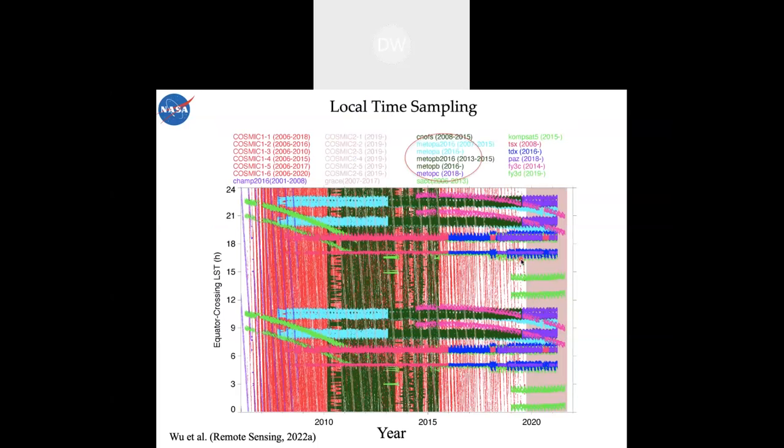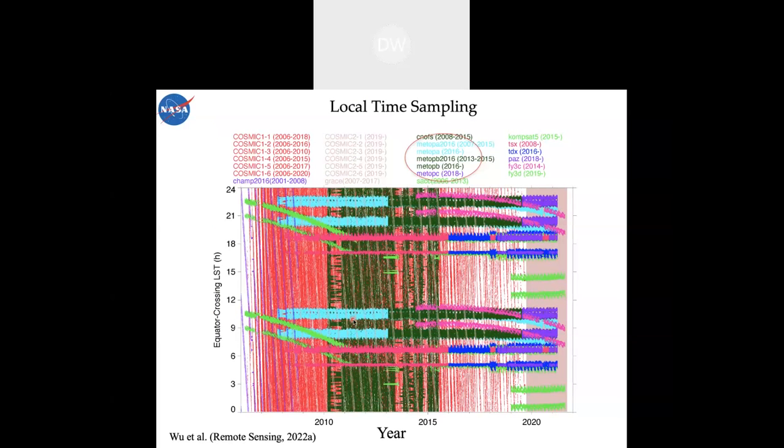This is the local time coverage, because not every satellite has full local time coverage. This is the equatorial crossing time. You can see CHAMP is a precessing orbit, so you get local time coverage, but it gradually precesses with time. The other satellites are Sun-synchronous.